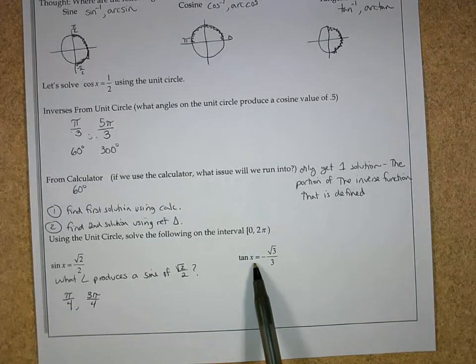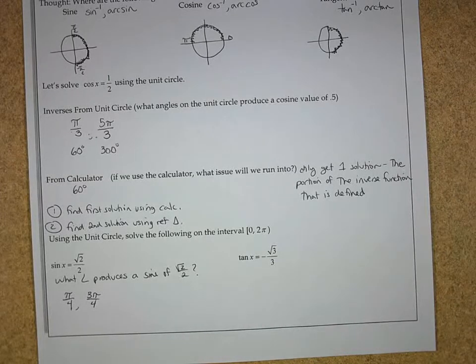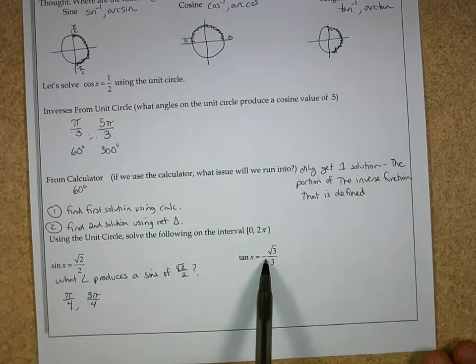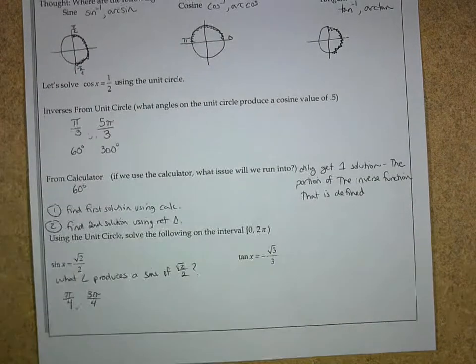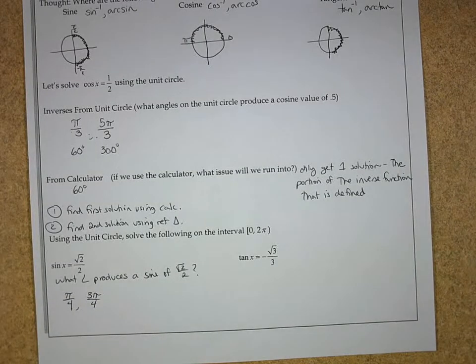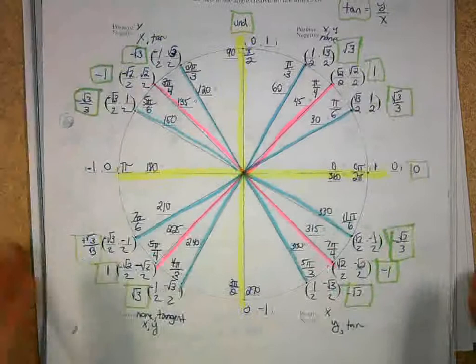The second one here, the tangent of x is equal to negative square root of 3 over 3. I want to find what angles produce a tangent of negative square root of 3 over 3. Here I can see tangent is going to be negative, and we know tangent is negative in the second and the fourth quadrant. So we'll go back to our unit circle and look for tangents of negative square root of 3 over 3.